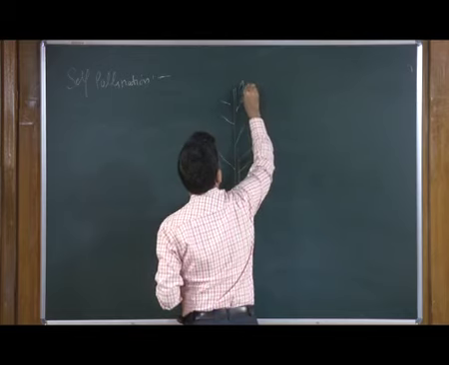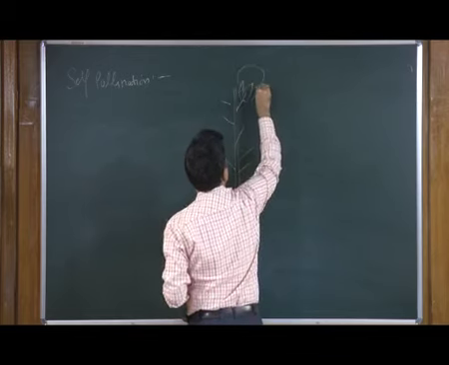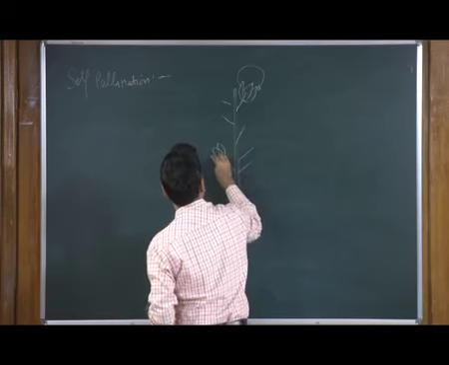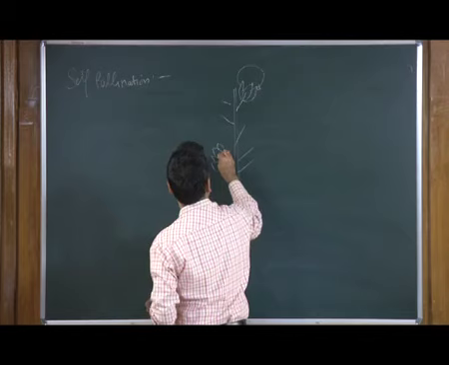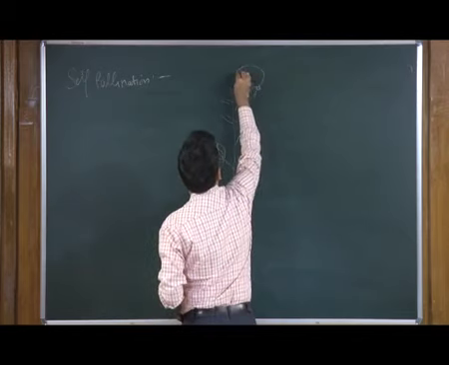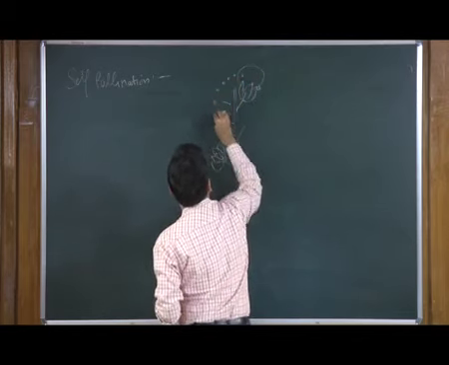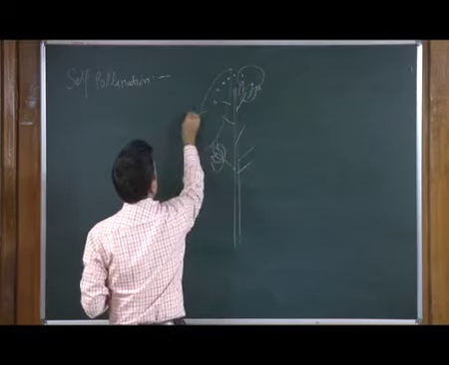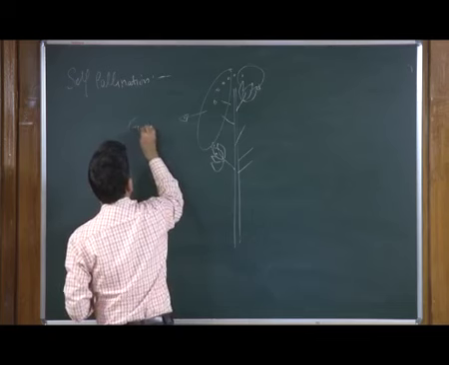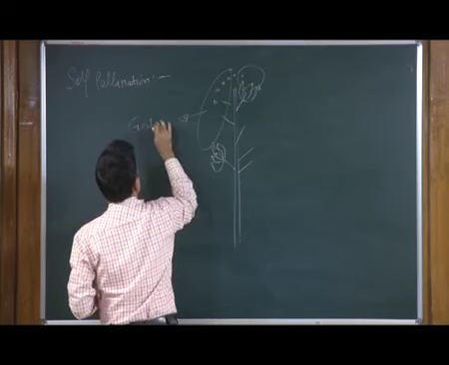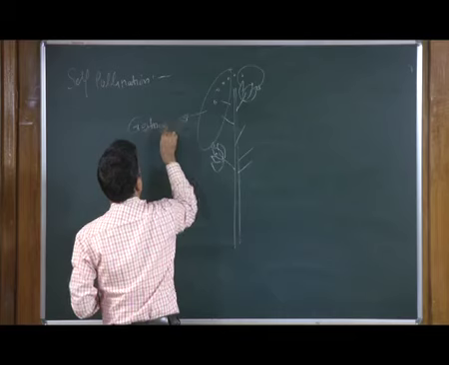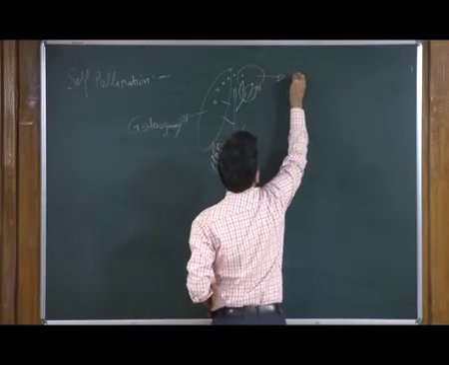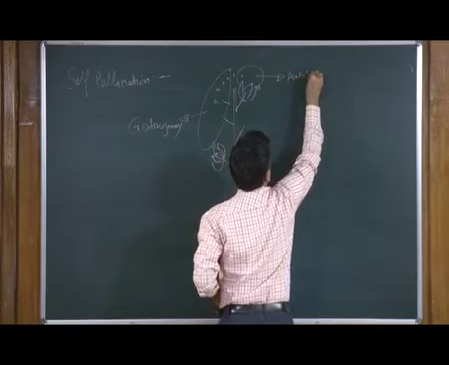If you can have suppose one flower here, the pollens can travel and go to here, and if it is like this, then this is called geitonogamy, whereas if it is like this, then it is called autogamy.